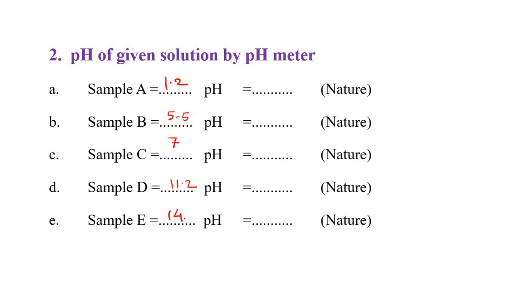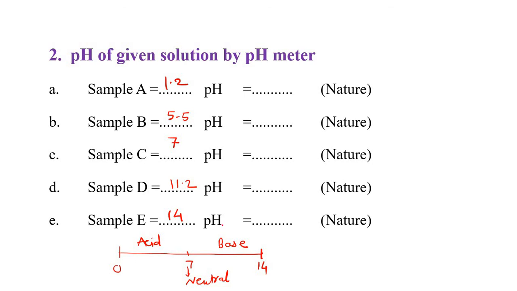Depending on that we have to write the nature of the given solution or sample. As you know, the pH range is 0 to 14, and in the middle there is 7 which is neutral. The 0 to 7 range is for acid, and above 7 there is a base.